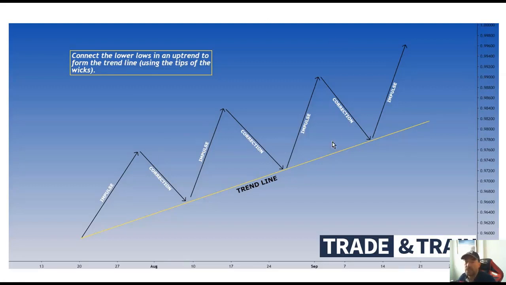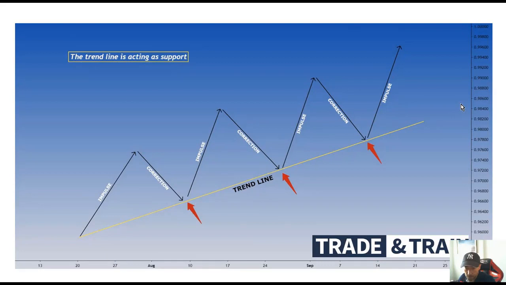So if you imagine this was price action, we've got price coming down, we have our low here, buyers come in, we form a new high, price comes back down again, corrects, makes a lower low, do apologize, price moves to the upside, makes a new high, and what we do is we connect these lows in an uptrend to form our trend line.